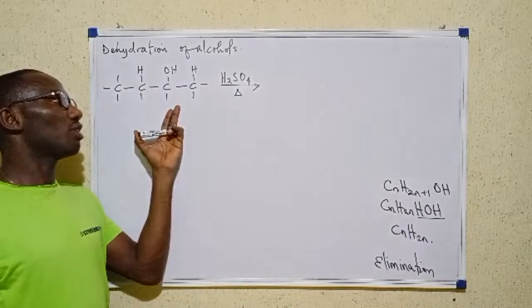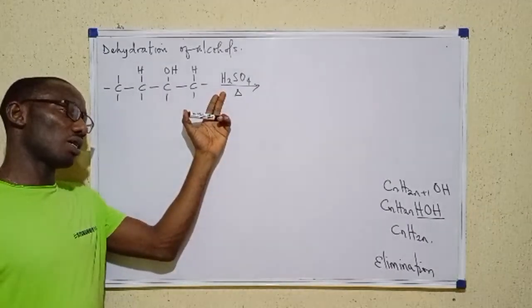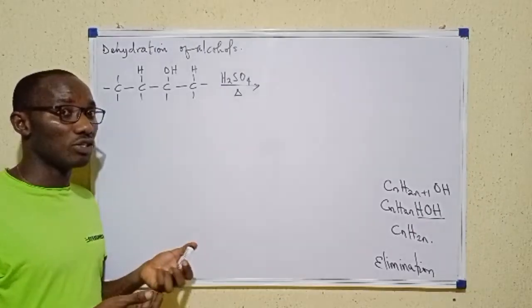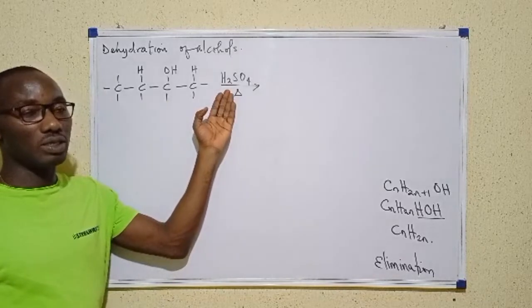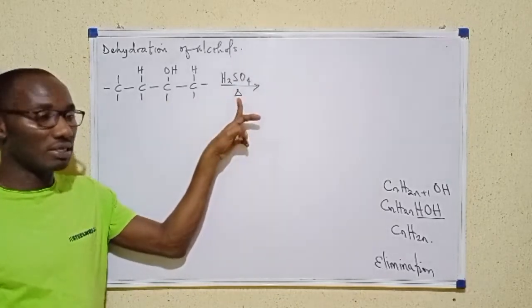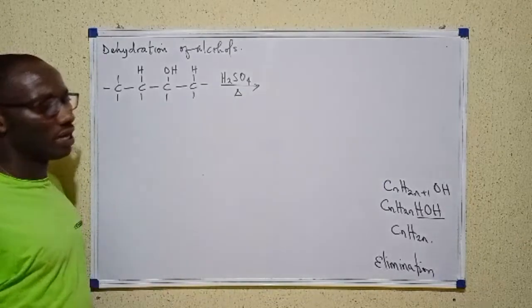Now, if you are given a question like this, on the arrow we see H2SO4, which is a dehydrating agent. So this alcohol is being treated with a dehydrating agent in the presence of heat. So this signifies heat. What will happen during this reaction?